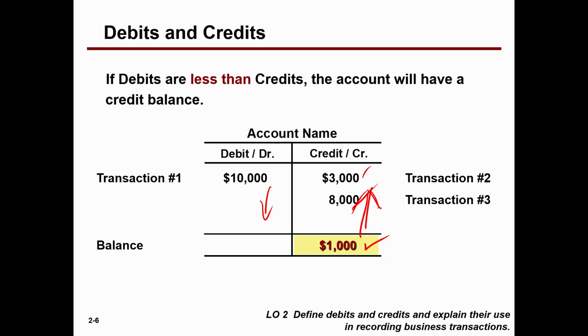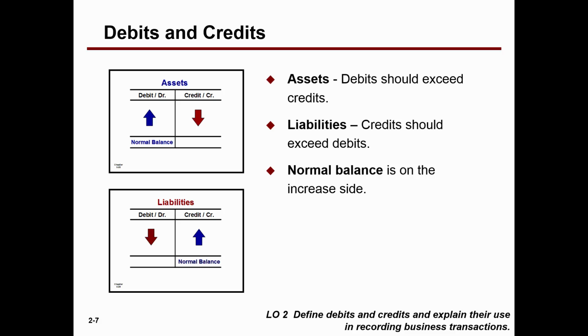Okay, so now what's the rule to increase or decrease? How do I know whether the debit or the credit is the increase or the decrease side for this account? Well, it all depends upon the type of account. And here's 2 types. Asset is one type, remember, things we own. And whenever you want to record an increase to an asset account, you would put the dollar amount on the debit side. Now, a lot of people think debit means decrease and credit means increase.